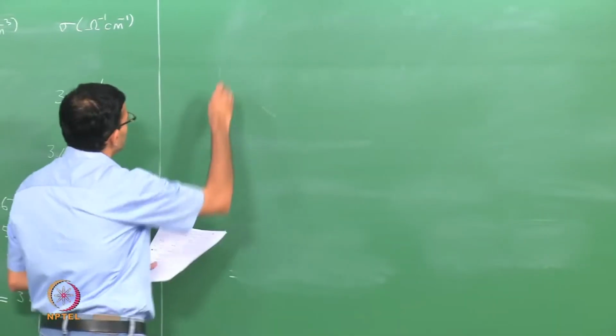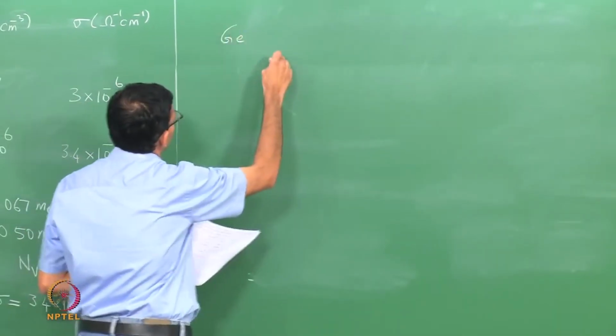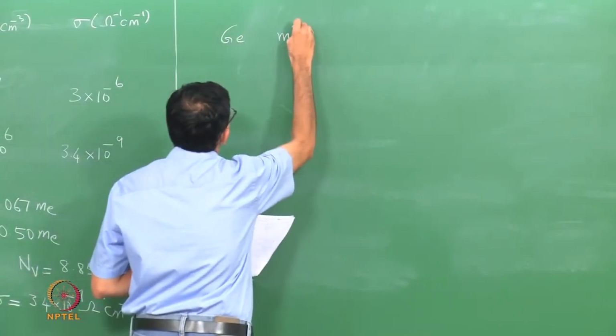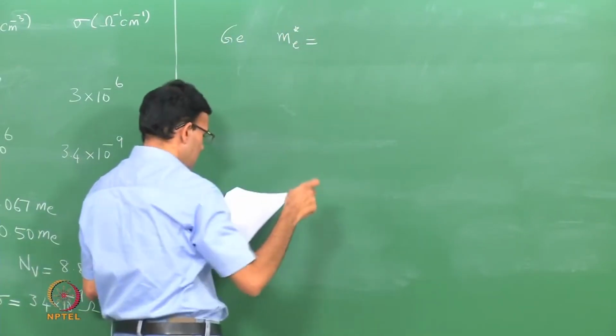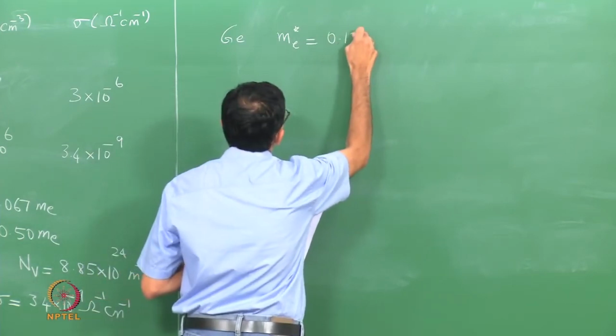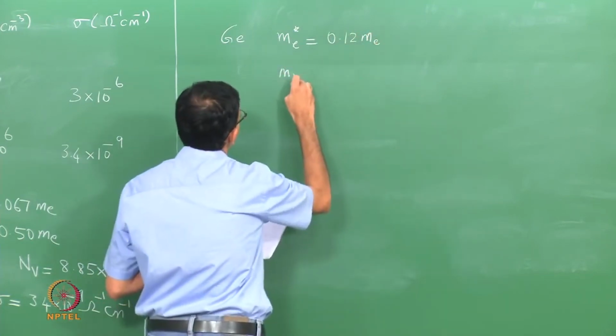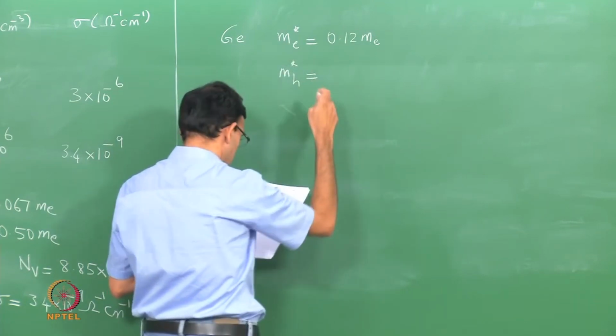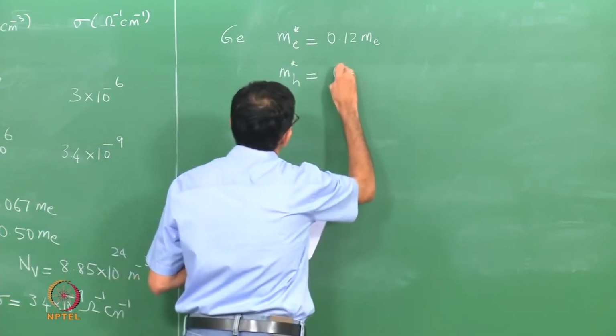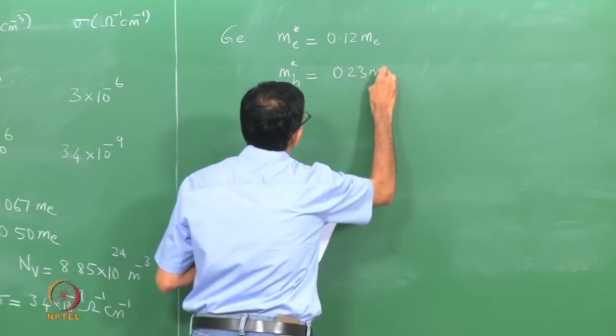So, in the case of germanium, once again I need the effective masses. Me star is 0.12 Me, Mh star is 0.23 Me.